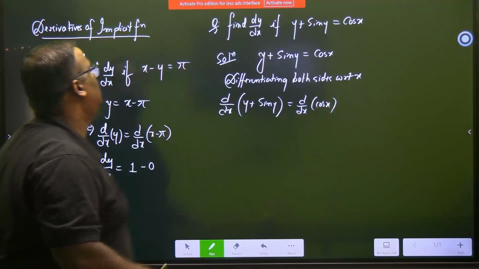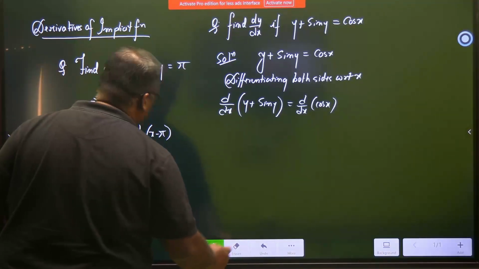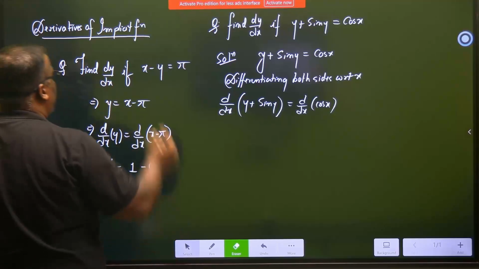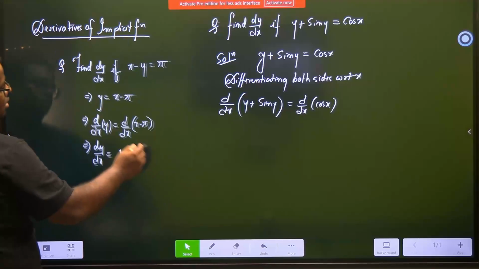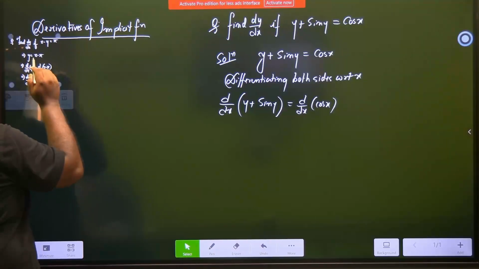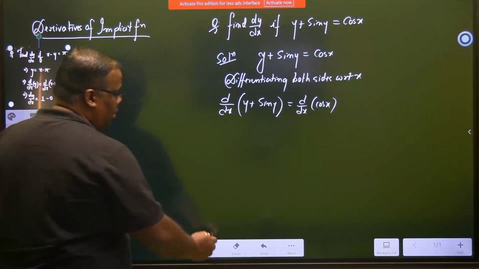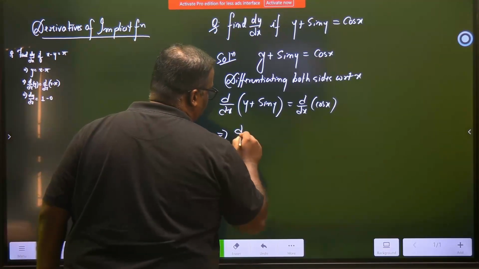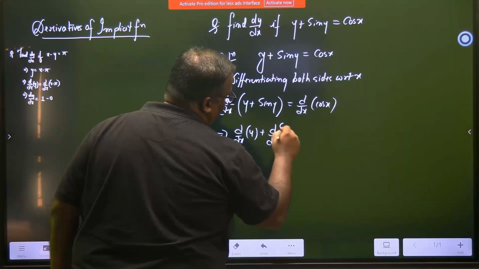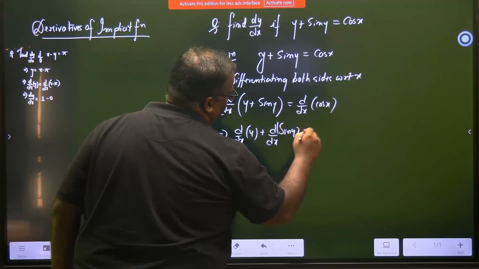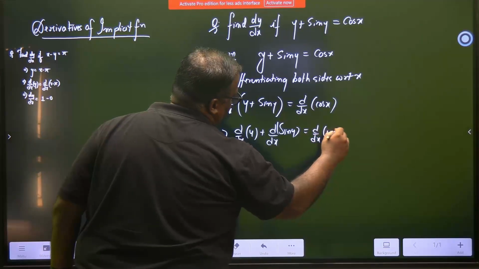Tell me, children, have you understood this much? Absolutely baby steps, okay? Further, d/dx of y plus d/dx of sin y is equal to d/dx of cos x.